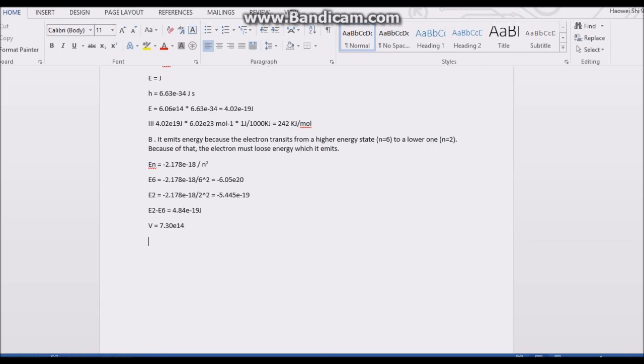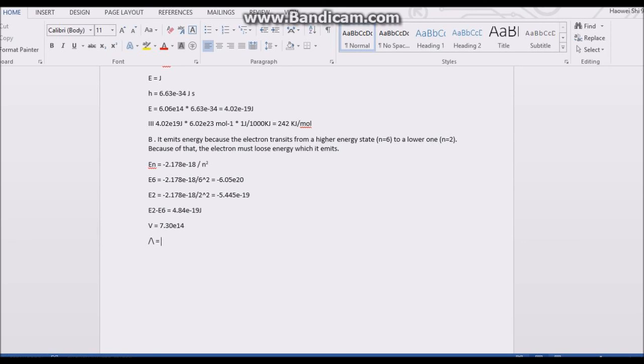And we could just find wavelength with the c equals lambda times nu equation. Lambda, just that poorly drawn symbol.